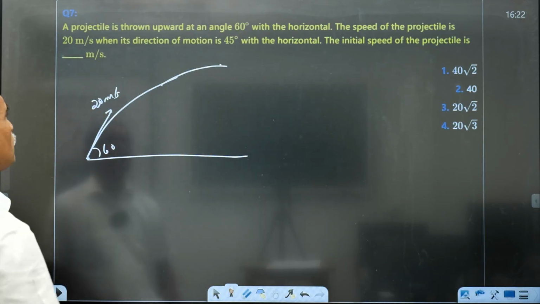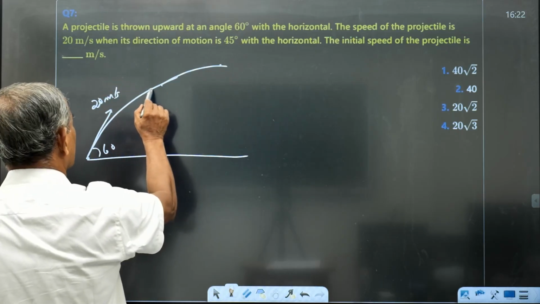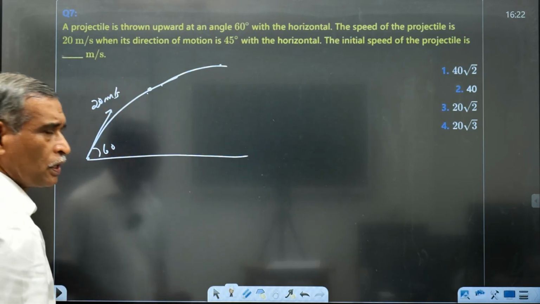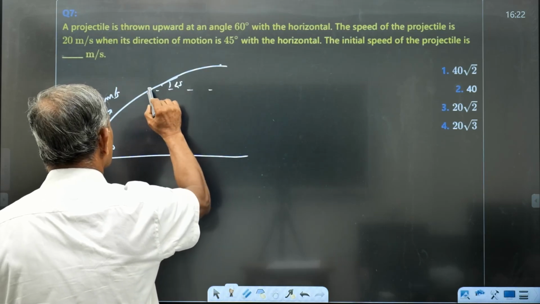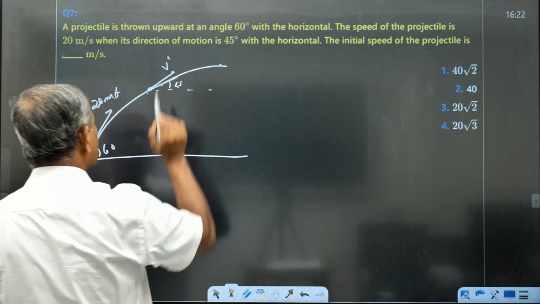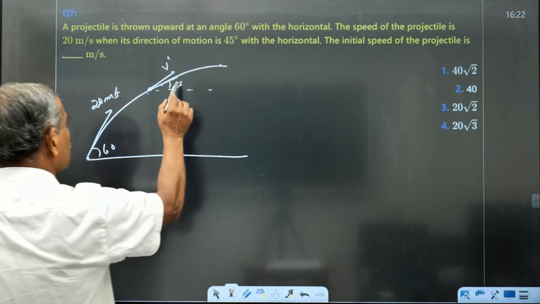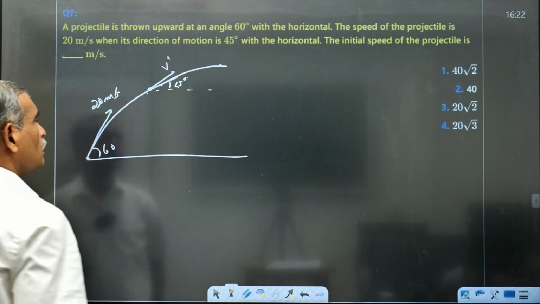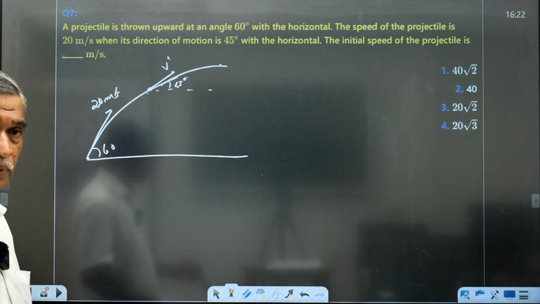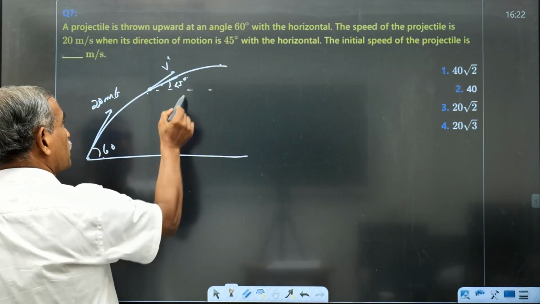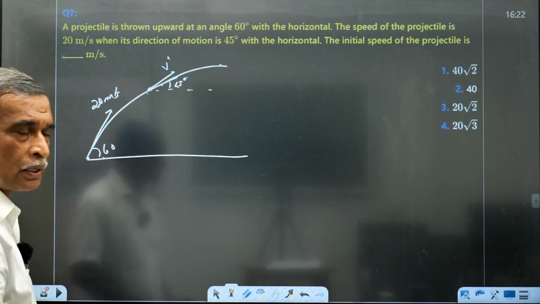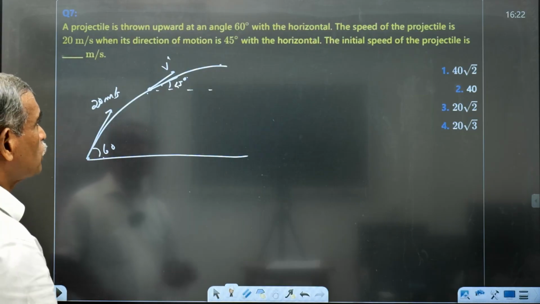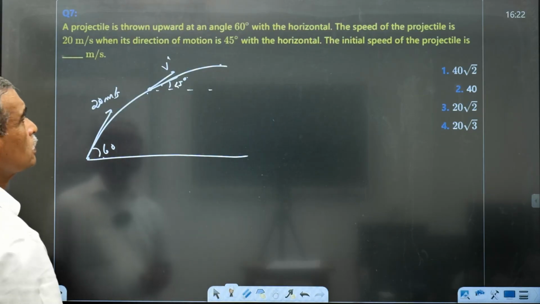But there is a location where it makes an angle 45 degrees with the horizontal, and the velocity there is v dash. Here it was 60 with the horizontal, here it is equal to 45.